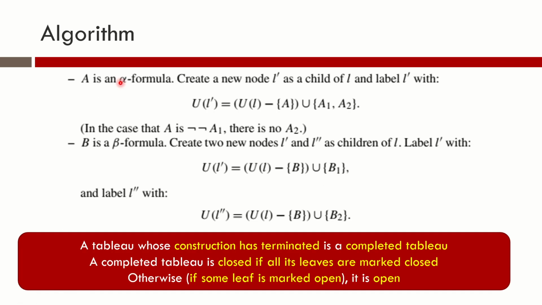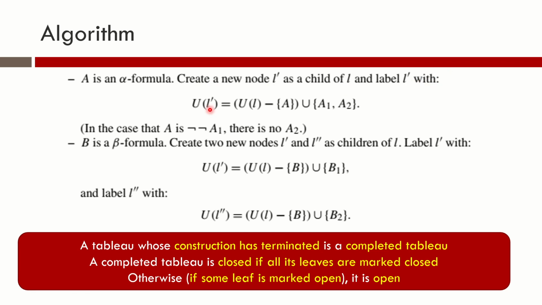If the formula is an alpha formula, what do you do? For an alpha formula like A1 and A2, both A1 and A2 should be true for the formula to be true. So we create one new node L dash. For an alpha formula which is decomposed, we create only one child node, and we label the child node with L dash.